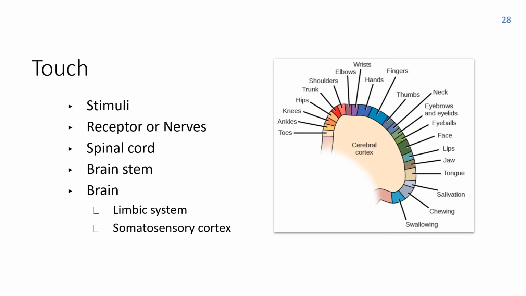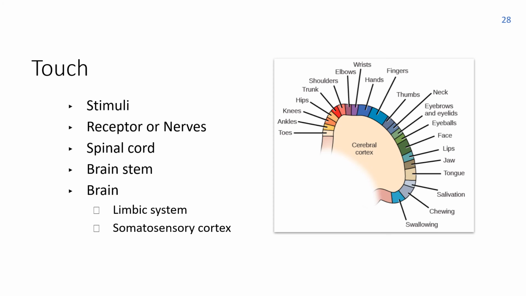If you see this image, the trunk is in red, the hands are in blue, and look how much less space is dedicated to the trunk versus the hands. Well, our hands have more space dedicated because they're more sensitive. So the relationship here is the more sensitive the area, the more brain space dedicated to that particular area.